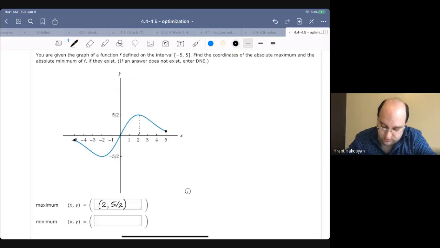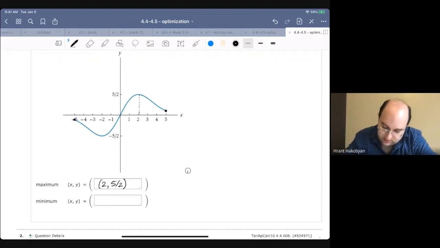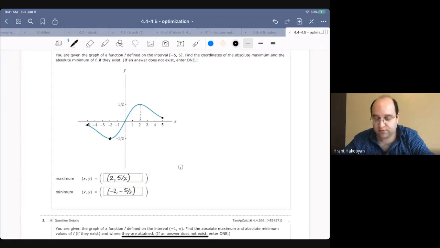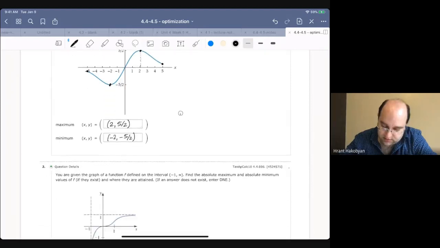Okay, and the minimum is at this point here, so it's going to be -2 and -5/2. Okay, so in this example, it's quite easy to find the absolute maximums and absolute minimums. There's just two points which are important for us in this case.